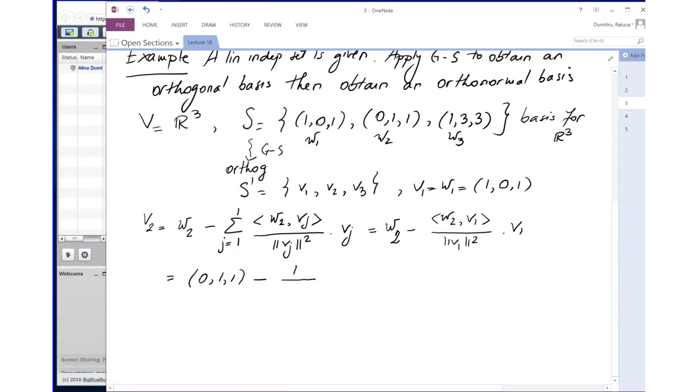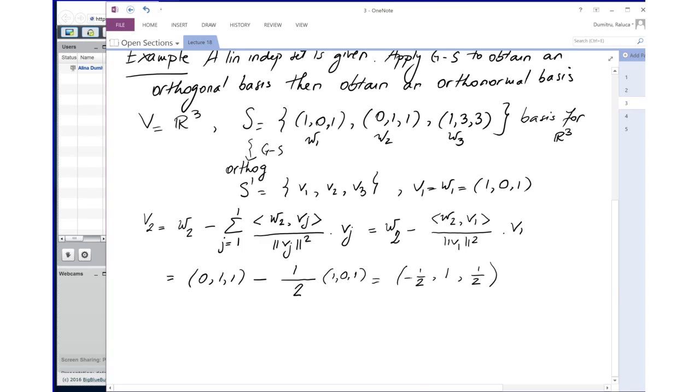The norm of V1 squared is the inner product between V1 and V1. So 1 plus 1, so 2. And times, so 1/2 times V1, which is (1, 0, 1). So now I get 0 minus 1/2, 1 minus 0, and 1 minus 1/2. So V2 is (-1/2, 1, 1/2).